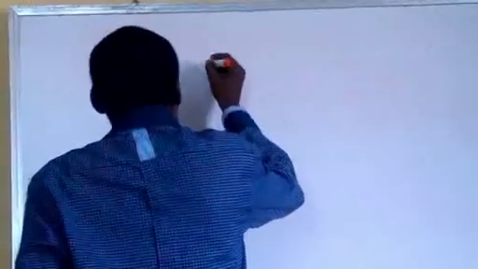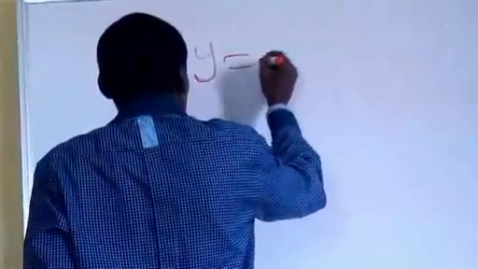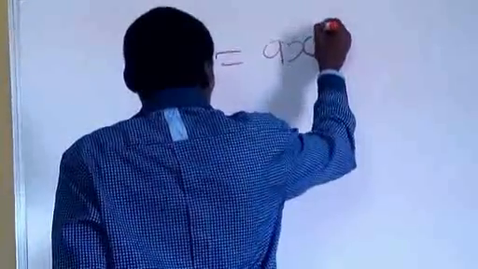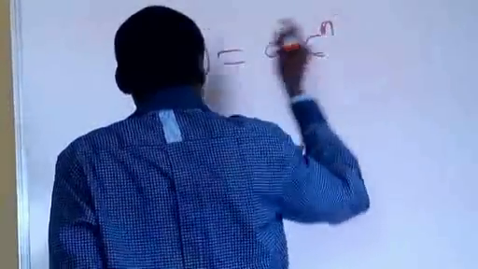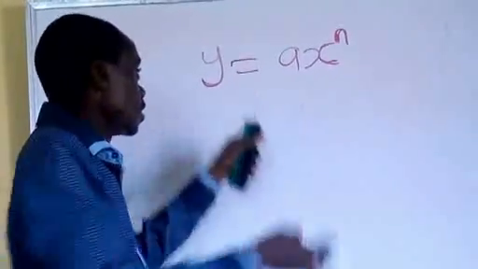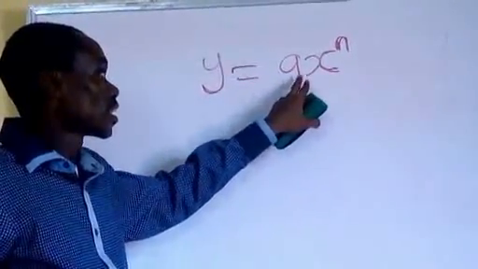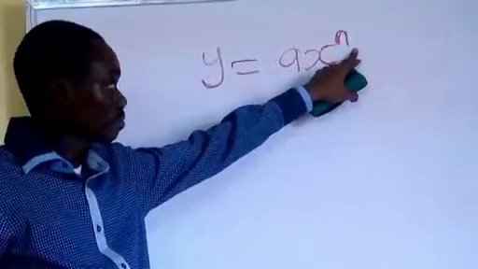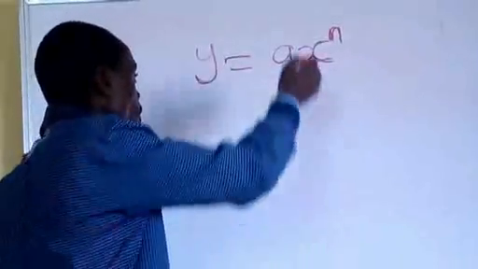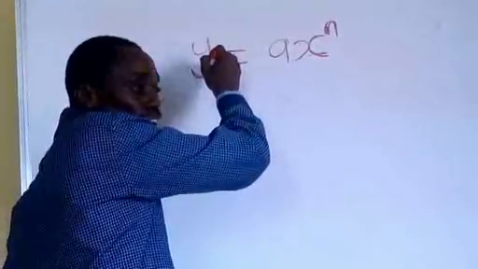For instance, if y is equal to ax^n, a function governed by this equation, what's the meaning of this? y is dependent on x. y is the dependent variable, x is the independent variable.